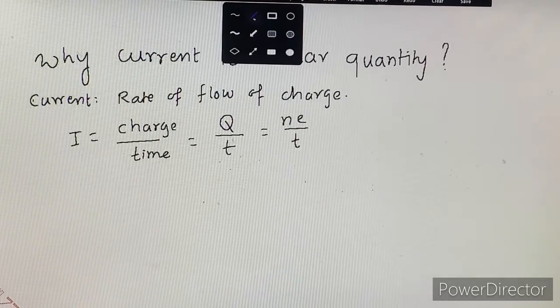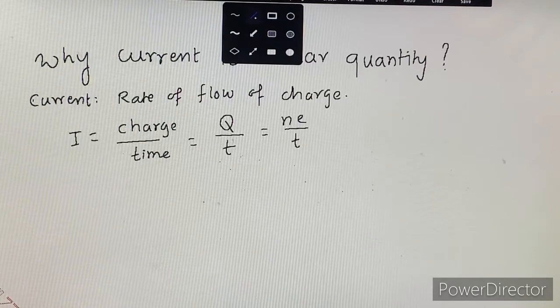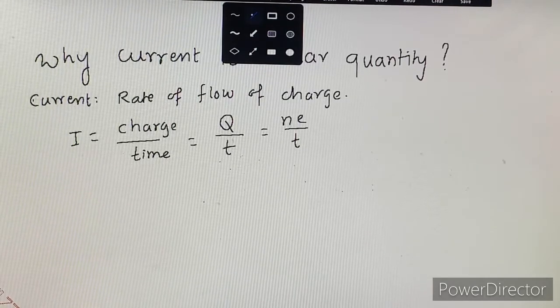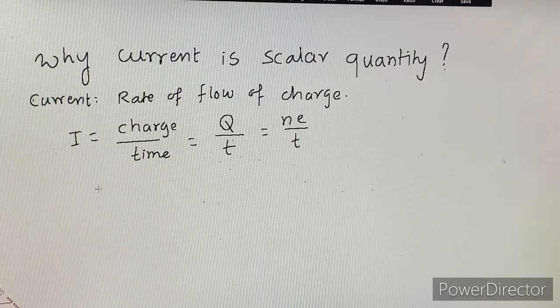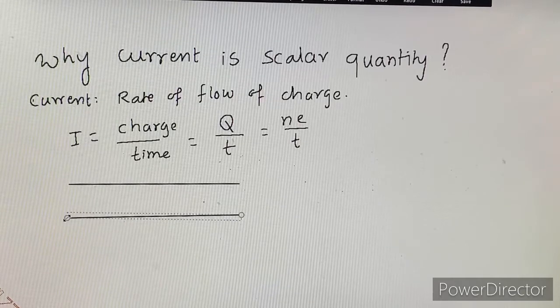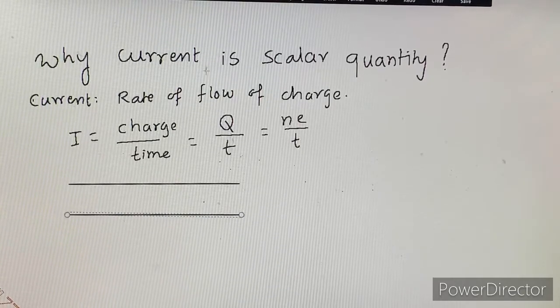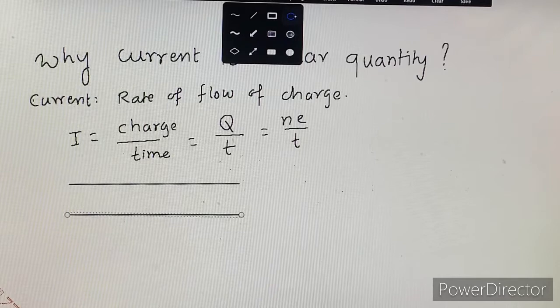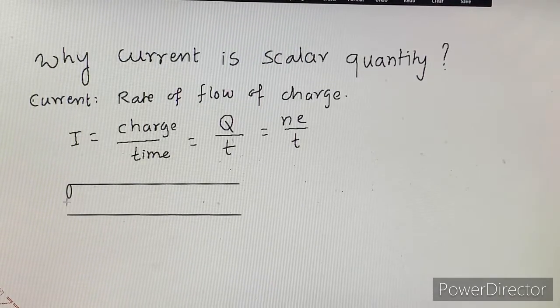Now for this we'll consider one cylinder. This is a wire. Now we'll consider one area of cross section.